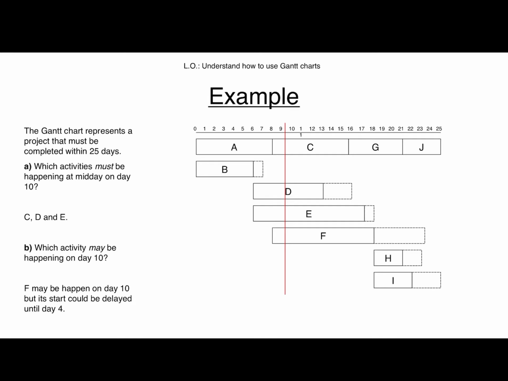So I will need one person to do all the critical activities, A, C, G, and J. I could have a second person, and that second person could do activity B, and straight after, they could be doing activity D. But then I will need an extra person to start working on activity E. So I may need 3 people for now. And then what happens with the rest of the activities?